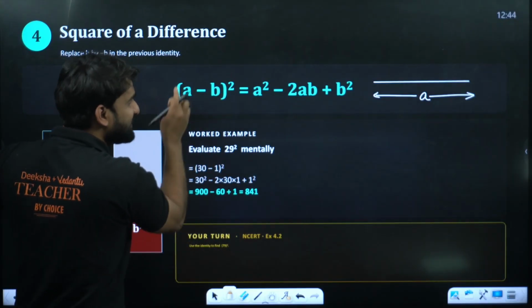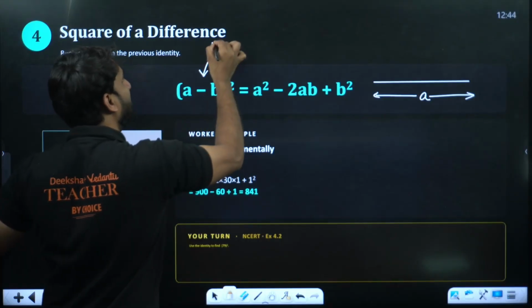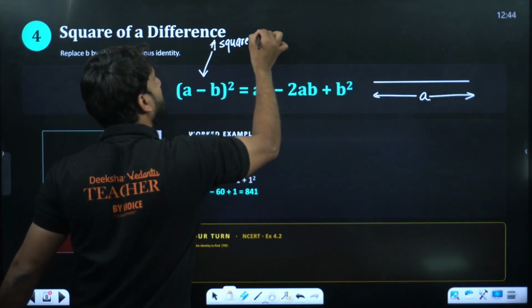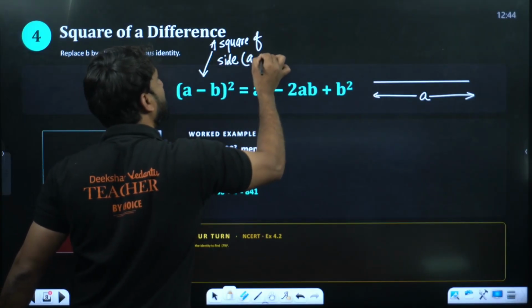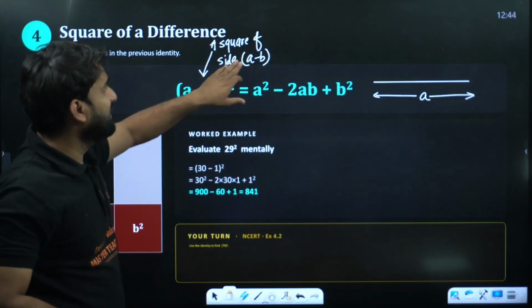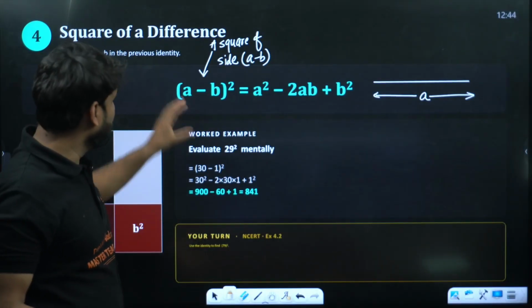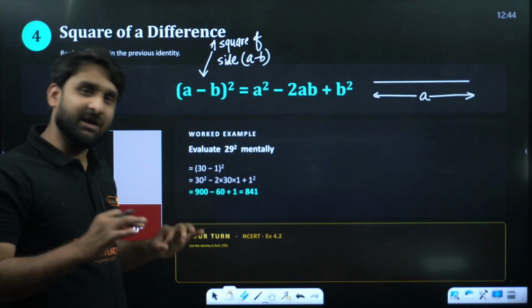What does A minus B whole square mean? To get this expression, we require a square of what, my dear? Side A minus B. Then only if you write the area of that square, the area will become A minus B whole square. So to get this expression, we require a square having side A minus B.